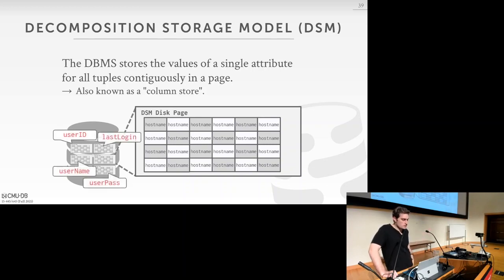And we're going to do the same thing for user ID, last login, username, and whatever the other attributes in the table are. If you have enough data, you'll end up with multiple pages. But the point is that for each unique column in the table, we're going to store the values for that column all together, consecutively, contiguously.